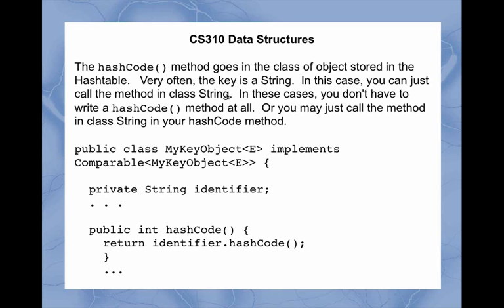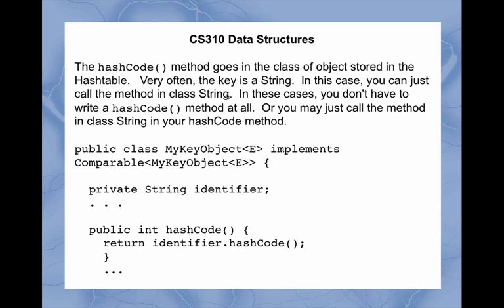And in fact, the Java language designers have made the class string final to prevent you from extending it and adding things. You take it as it is. However, it does have a hash code method that's already written, and it does use the exponentiation method to get the 32-bit integer. So you can just call it.